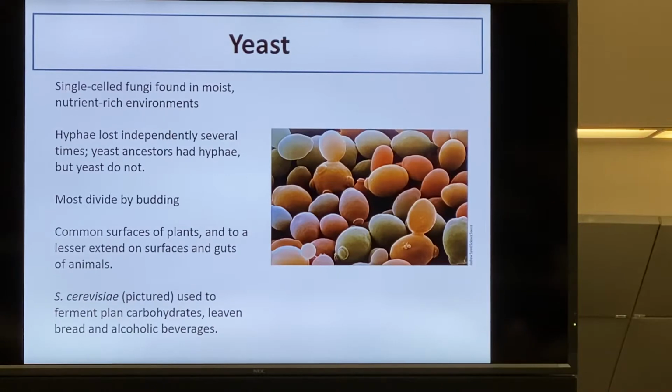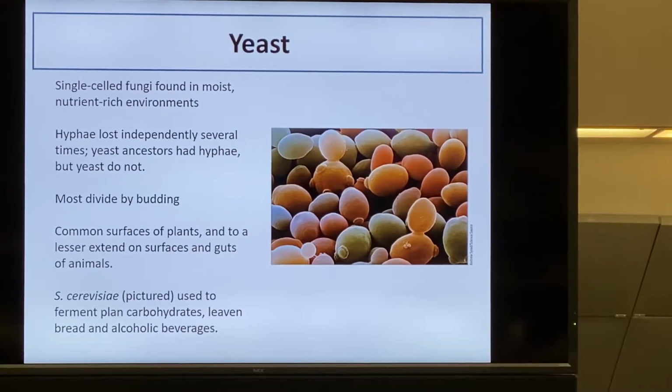Maybe this is one of those talk to your friends about. Maybe you guys should talk to your friends about why do you think single cellularity would have evolved in this group of fungi? And we're talking about organisms that are generally multicellular eukaryotes, but there are groups of fungi that are single cell? Why do you think that might be? Speak to your friends. Come up with some ideas.